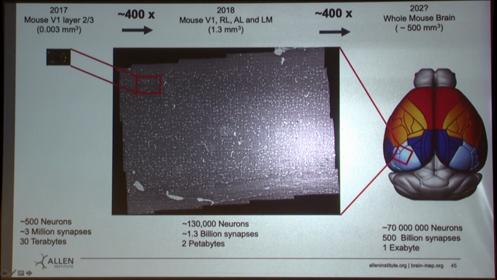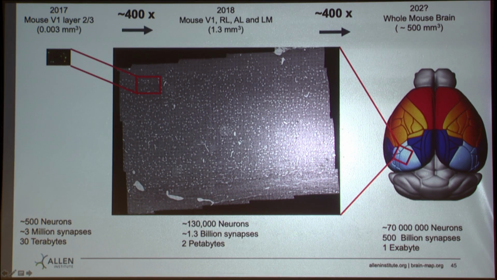I will leave you with the grand challenge of going up merely another factor of 10 to do the whole mouse brain. But again, a factor of 10 is a factor of 1,000. It's really a factor of 500 or 400 times bigger than the data we've already collected. I think many of us think I'm going to a hush-hush meeting. I won't say it because I'm being taped.